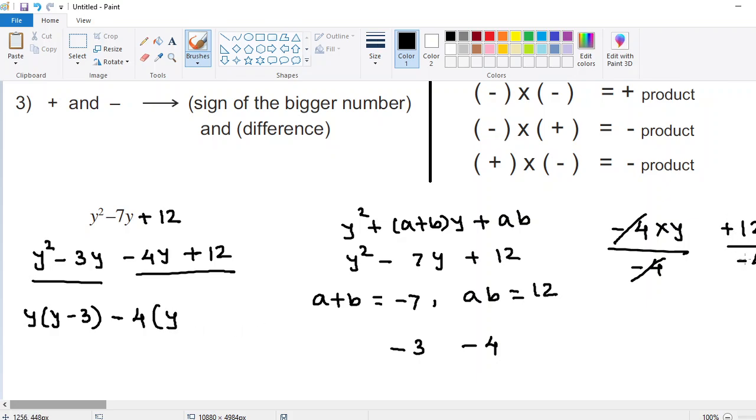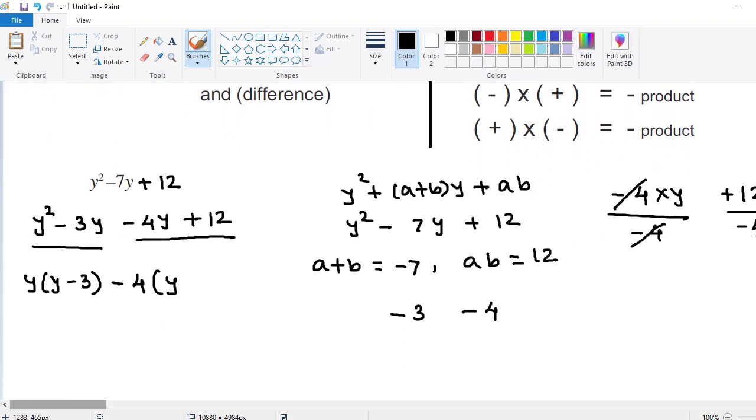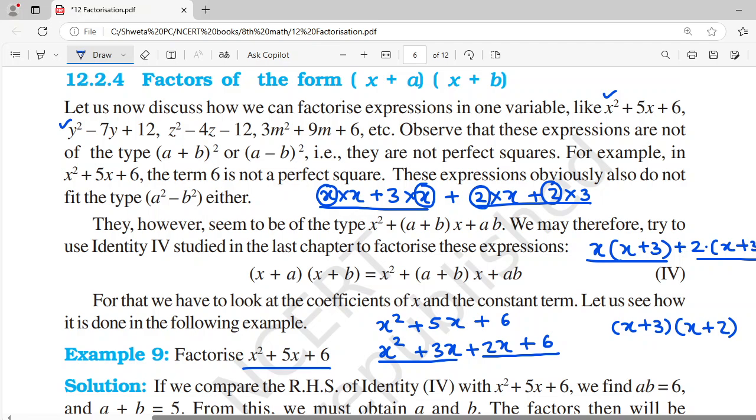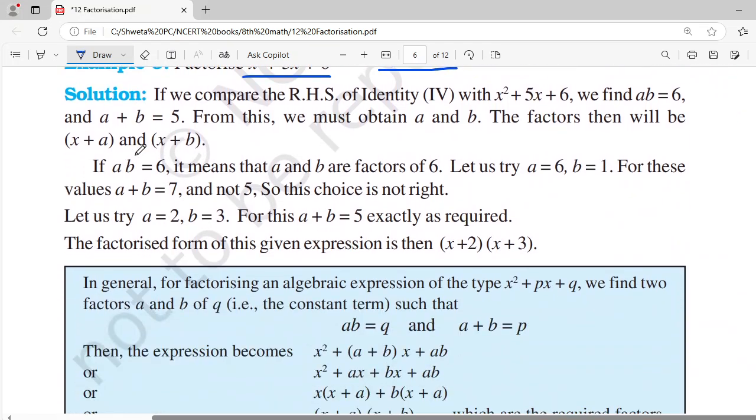And in division, like multiplication, if the signs are different, the answer is negative. Here signs are different, so the answer is negative and that is minus 3. Now this is the same factor. So this is y minus 3 and the second factor is y minus 4. So this is how we can factorize the terms which do not contain both the square terms.